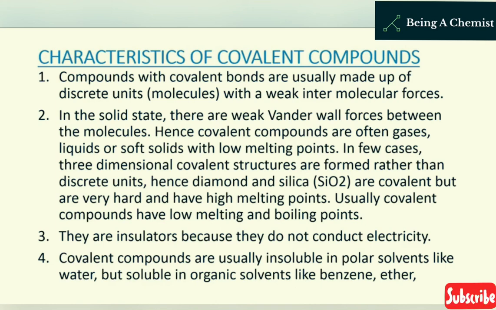But in some cases, diamond and silica are formed, having a three-dimensional covalent structure rather than discrete units, so they will have high melting points and the structure will be very hard, because they are three-dimensional covalent structures, not in the gas form or liquid form, or a soft solid structure. That's why they have high melting points, while usually covalent compounds have low melting and boiling points.